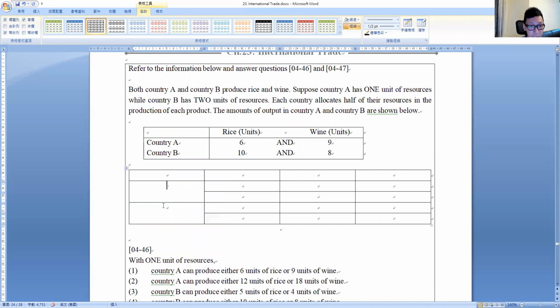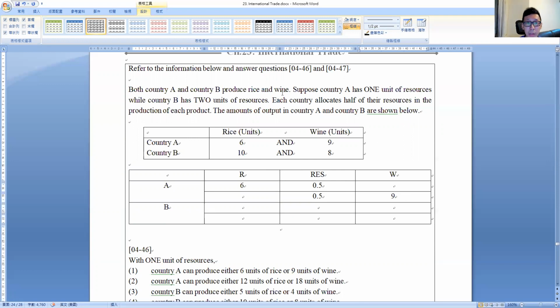Now, how do we translate this? The way we translate this would be this. Remember, country A has 1 unit, but they evenly distribute between rice and wine, meaning it will be 0.5, 0.5. With 0.5, they get 6 and 9.